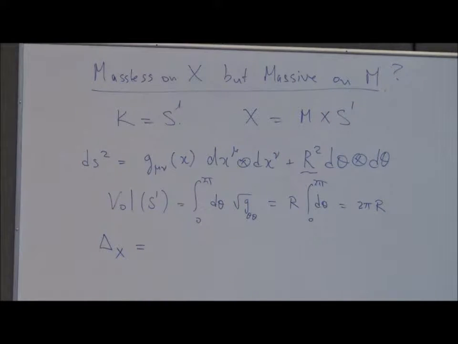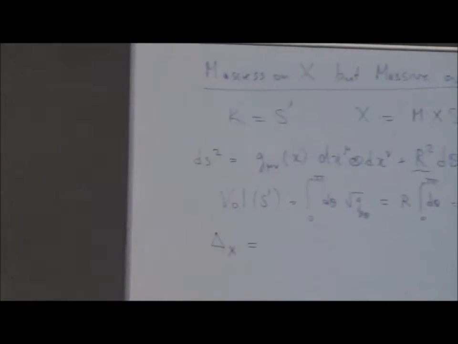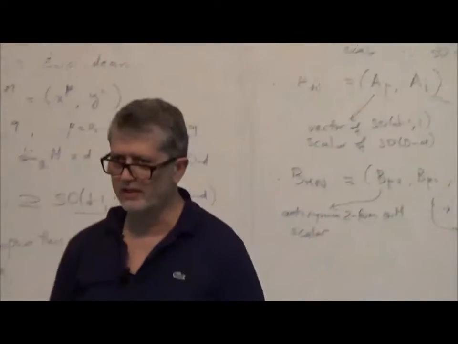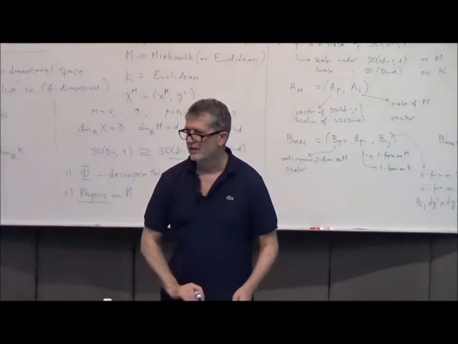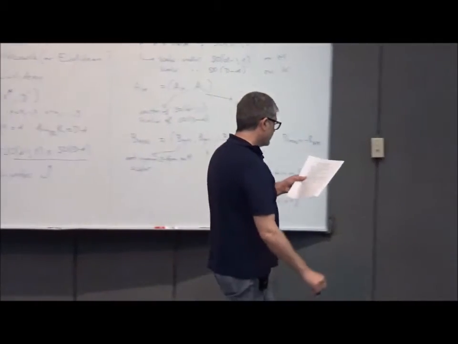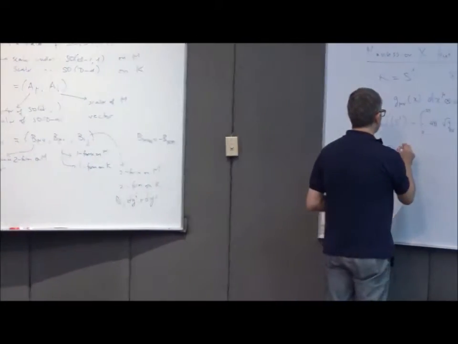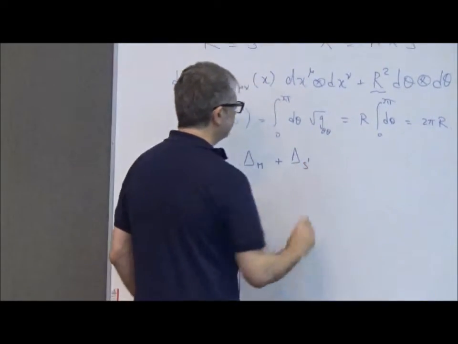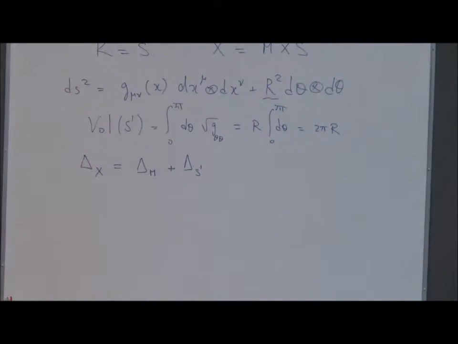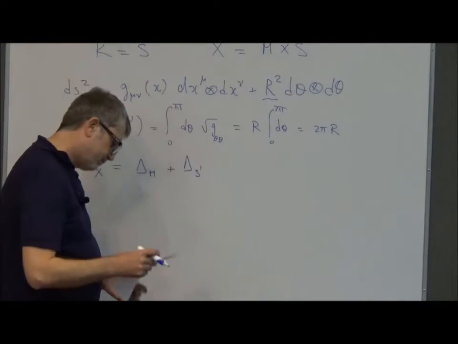Okay, so what's the Laplacian on this space? Well, you've taken a metric which really splits, right? So if you remember, that really means that the Laplacian that you have is the Laplacian on M plus the Laplacian on S1. The metrics don't talk. So whatever I do to create the Laplacian, it must actually just split this way.